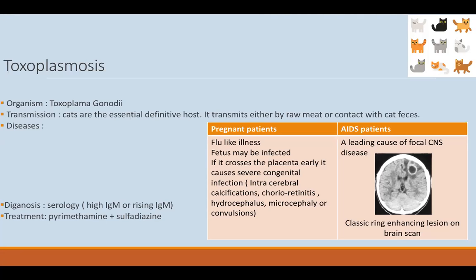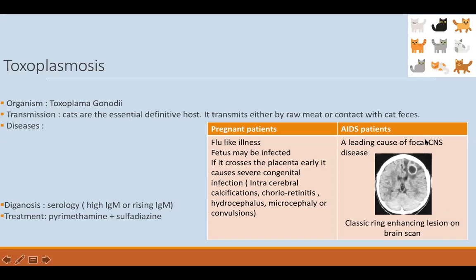Another high yield information that you need to know about is that AIDS patients are at an increased risk of acquiring toxoplasmosis. And it's a leading cause of focal CNS disease in AIDS patients. وهذا appearance is a classic appearance of toxoplasmosis in a patient with AIDS. يوريك ring enhancement on a brain scan. تمام?